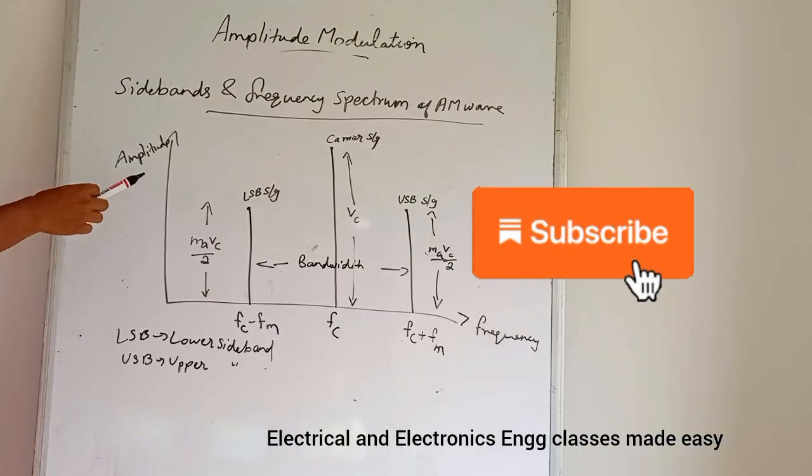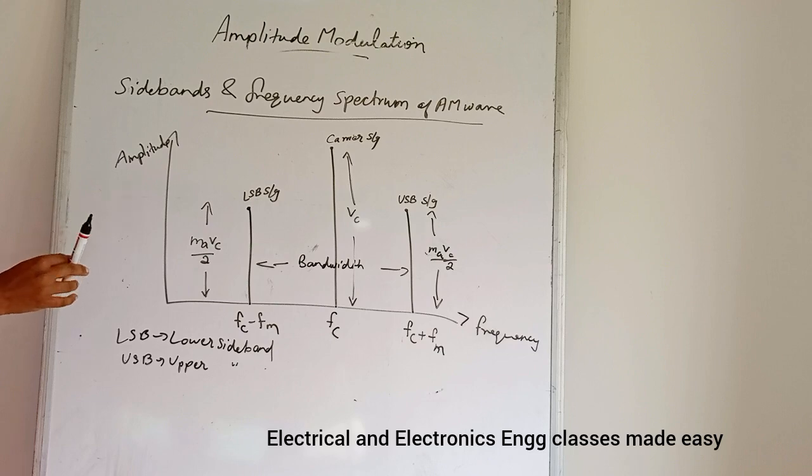Next is sidebands and frequency spectrum of AM wave. The frequency spectrum for a carrier frequency signal modulated by a single audio frequency signal is shown in the figure.